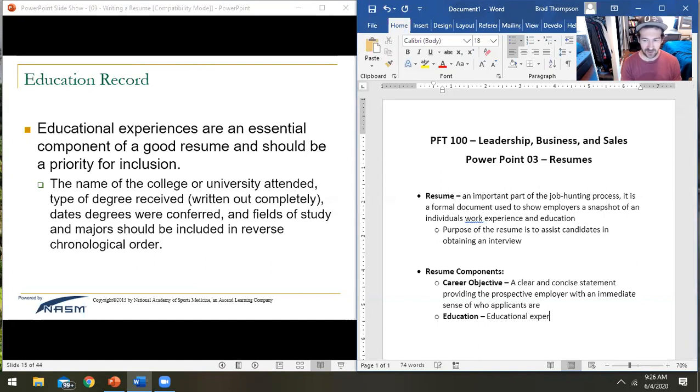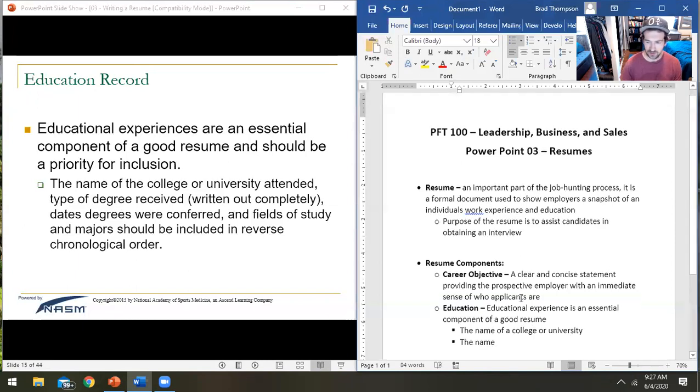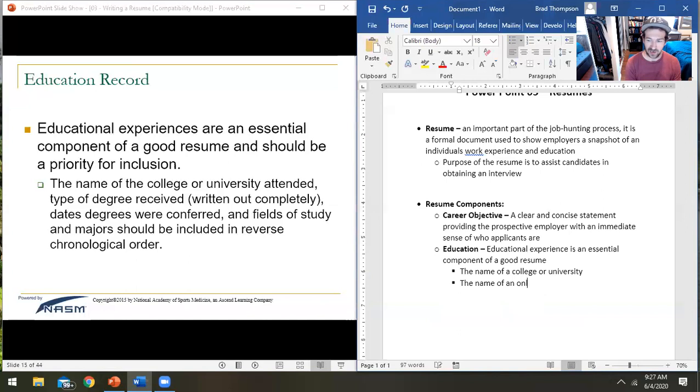Educational experience is an essential component of a good resume. So it can be the name of a college or university, the name of an online course or workshop, or it can be the name of a vocational school.